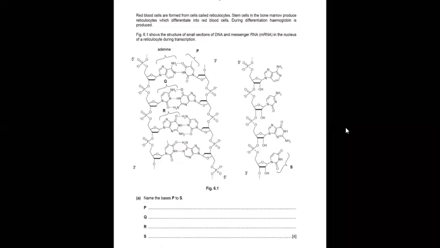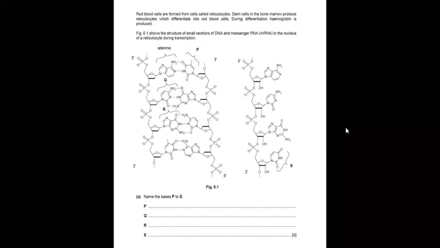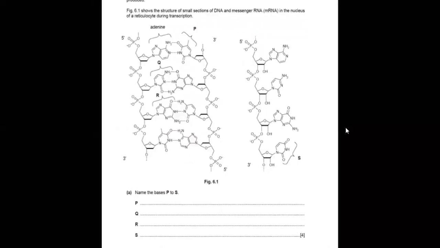P is thymine. Why did you say P is thymine? Because, miss, there are 2 bonds, so it's either A or T. Correct. And the other one is a purine.